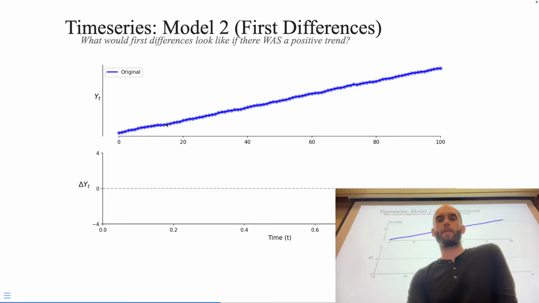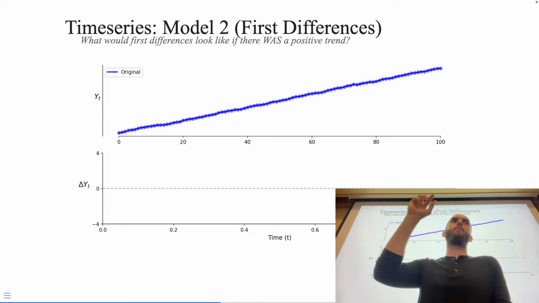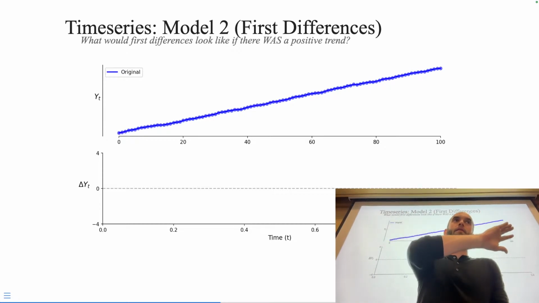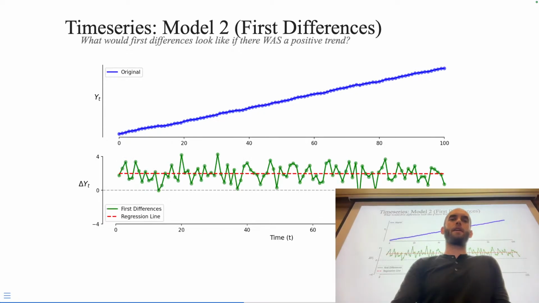Think about what would happen if we took first differences and plotted that delta y on this axis. Spend maybe 10 seconds thinking about how it might go. You're taking one data point and subtracting off the one that came before it. They're all increasing. Do y'all know what this would look like? It's going to look like this.